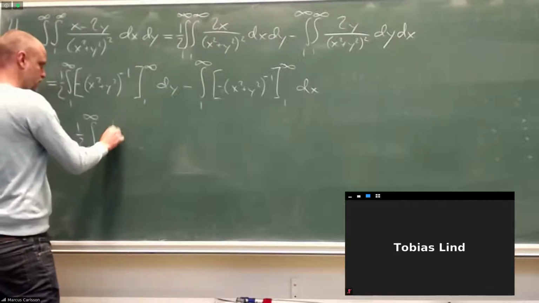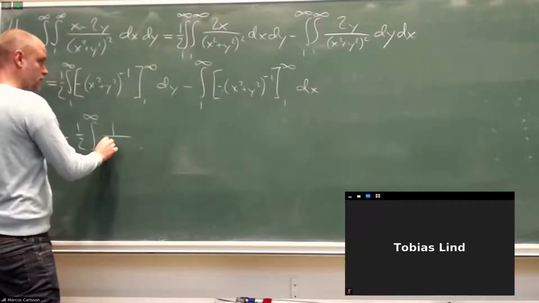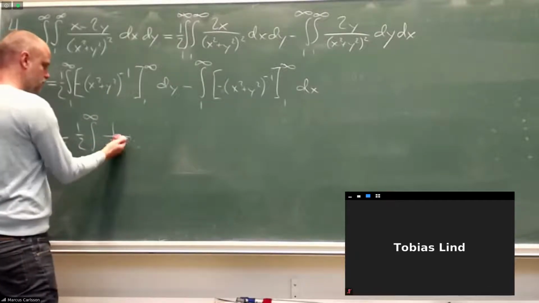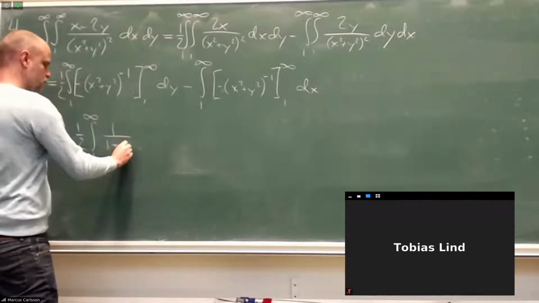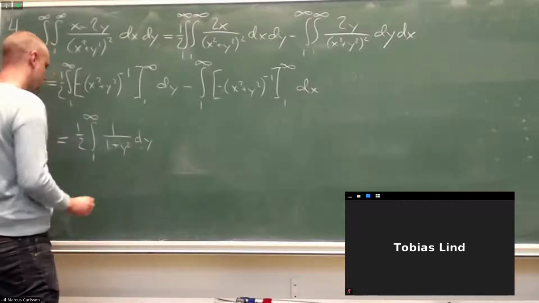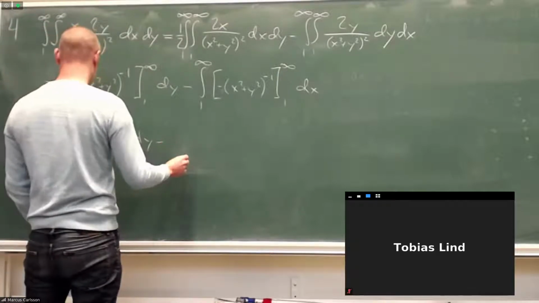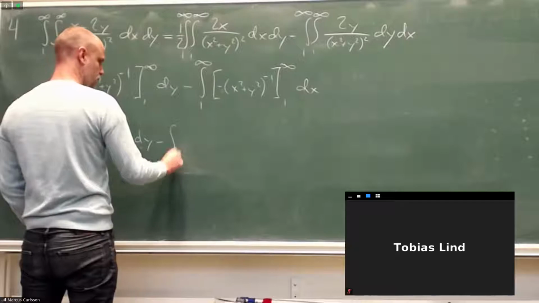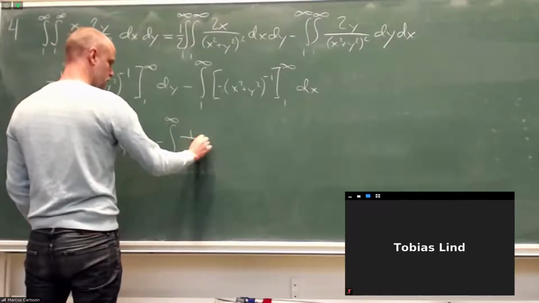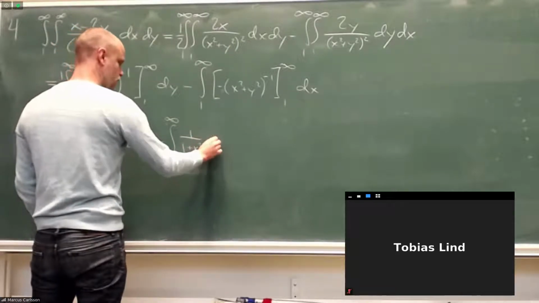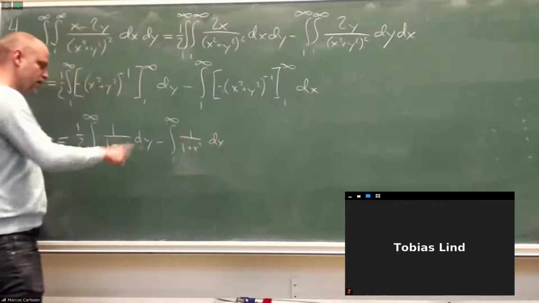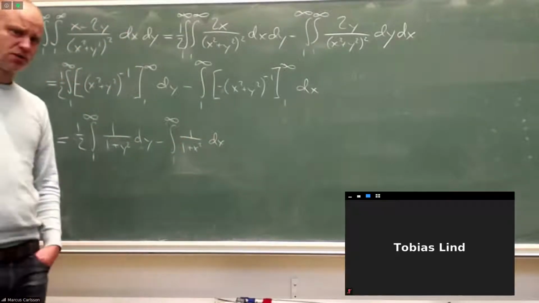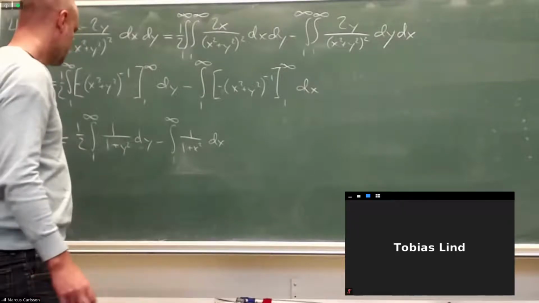But okay, so at the end of the day, we have 1 plus y squared dy minus, and then here we get the same thing, integral 1 to infinity, 1 plus x squared dx. And of course, now x and y are just dummy variables, so I could replace both of them with a t.